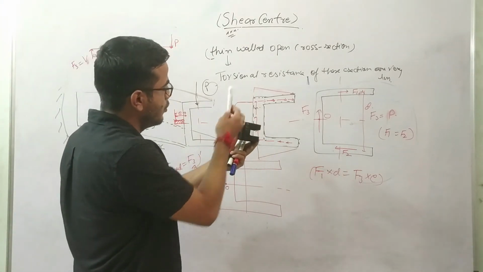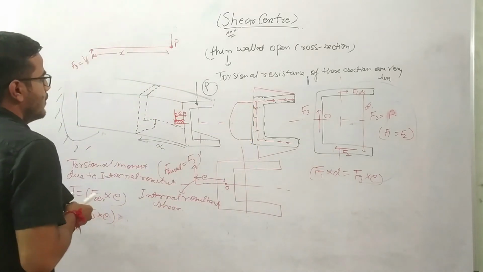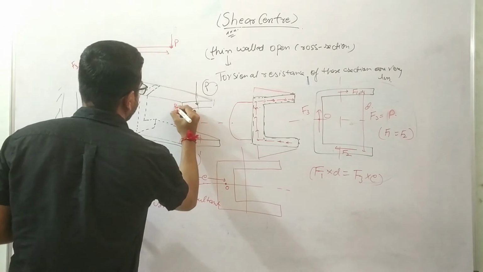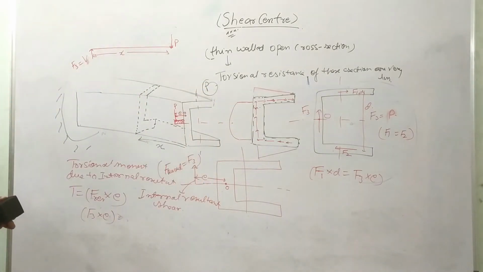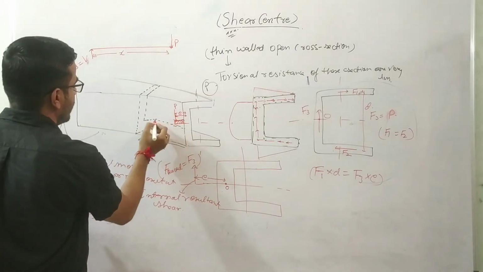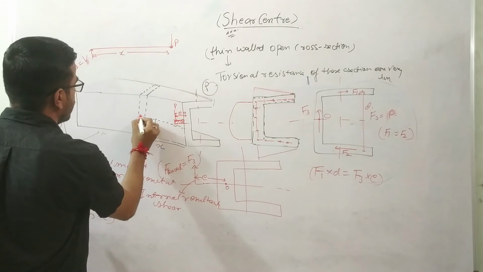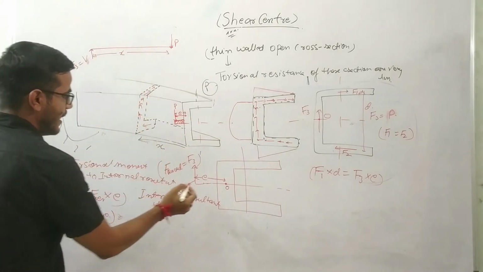Why? We'll see over here. Now this is our condition actually. This P load is acting at this point. Internal shear will be the same thing. Internal shear will distribute like this only, and its resultant will act at a point E.